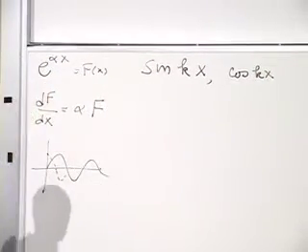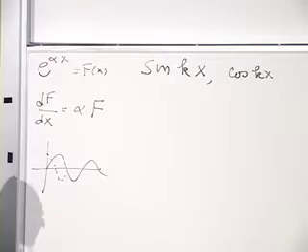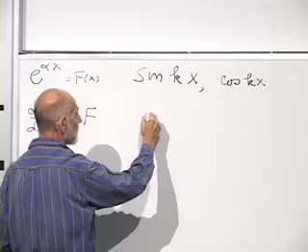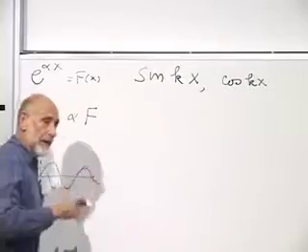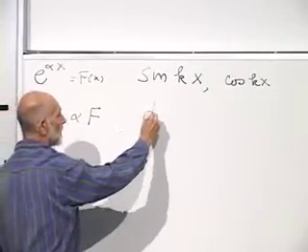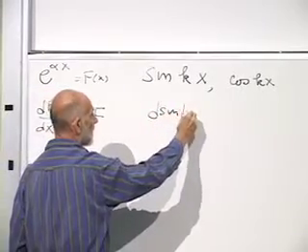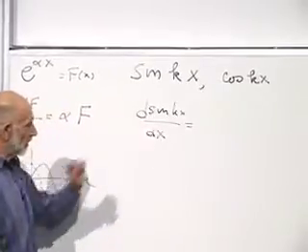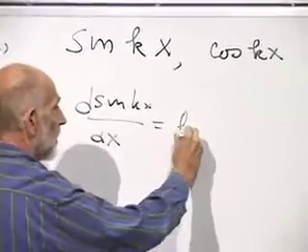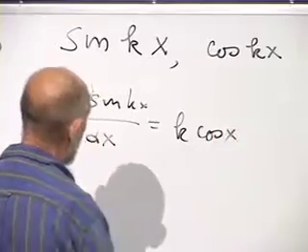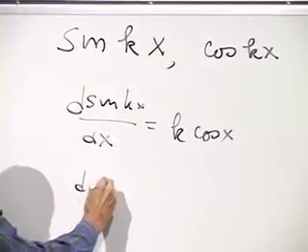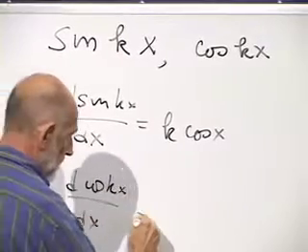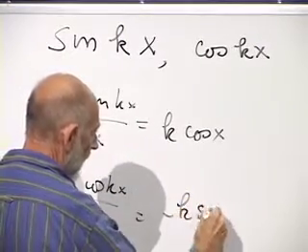All right, sine of kx and cosine of kx can be differentiated, both of them, and I'll just remind you what the derivative is. No, you'll remind me. What's the derivative of sine of kx with respect to x? The derivative of sine kx with respect to x is equal to k times cosine kx. And the derivative of cosine kx with respect to x is minus k sine kx.